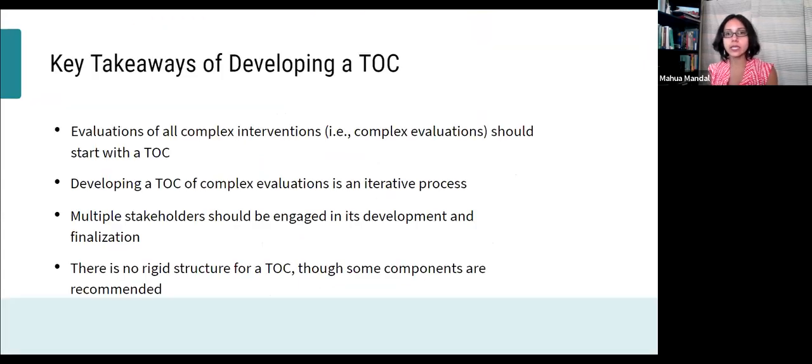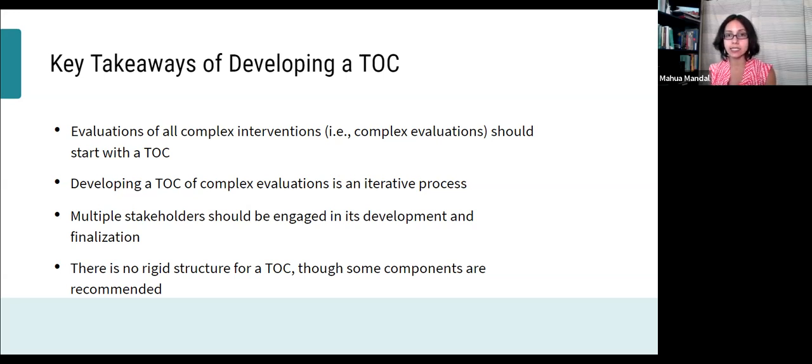So, some key takeaways from developing a theory of change. Evaluations of all complex interventions, so complex evaluations and complex monitoring and evaluation, should start with the theory of change. Developing a theory of change for complex evaluations and M&E is an iterative process. It is more of a mix of science and art.